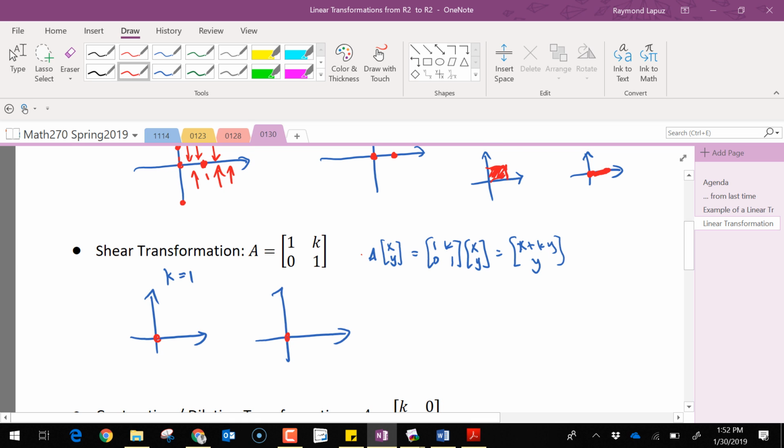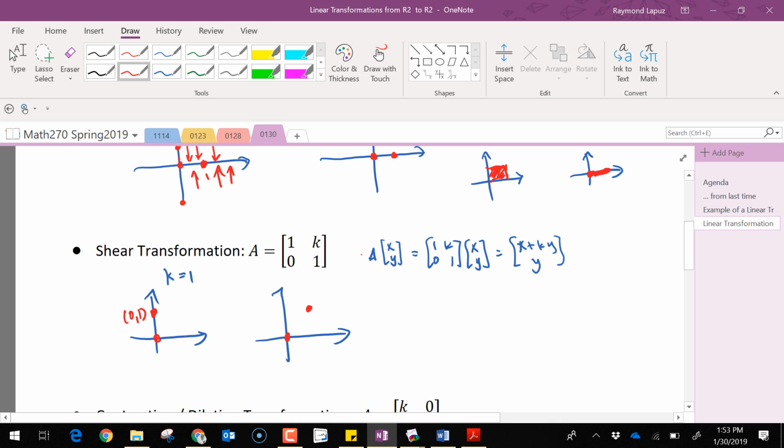First of all, 0, 0 is going to be 0, 0. What happens to the point 0, 1 when x is 0 and y is equal to 1? It'll be 1, 1. So now you've already kind of moved over here.